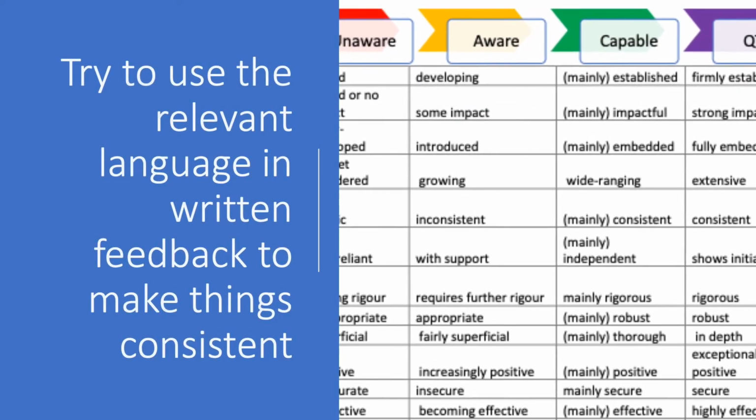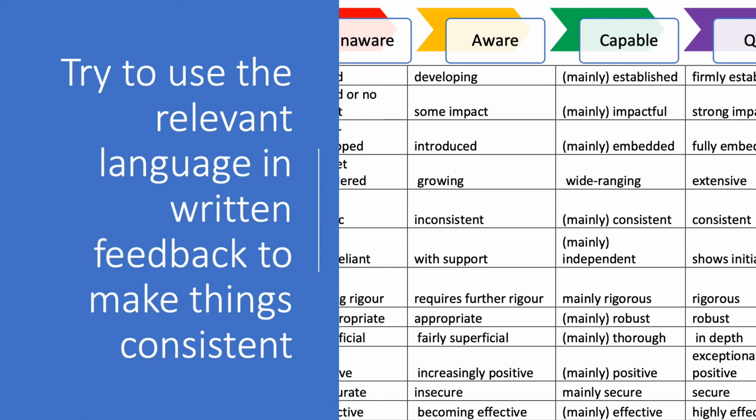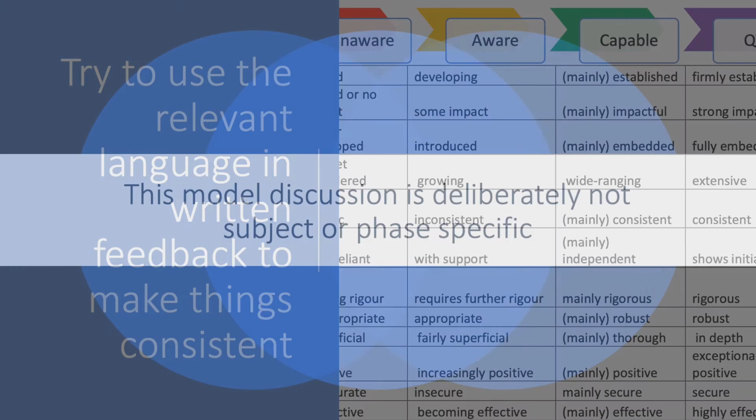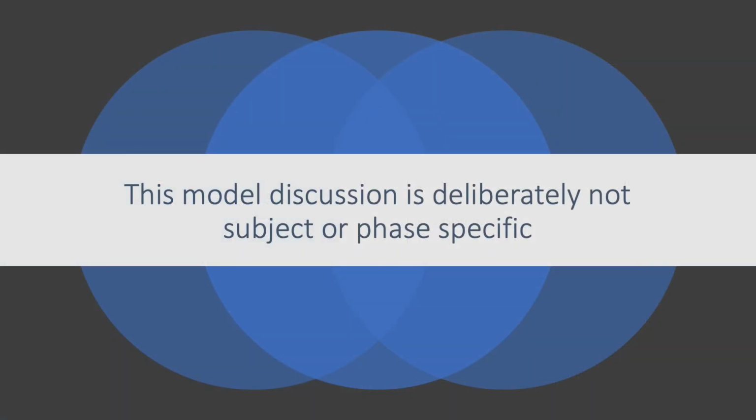And therefore, it's good practice to try and use that language at every opportunity when giving written feedback in the formative comment books or on learning and teaching observation forms. And the final thing to say is that this guidance is not intended to be phase or subject specific, but hopefully applicable across and to all of our student teachers on all of our programmes at Cardiff Met.